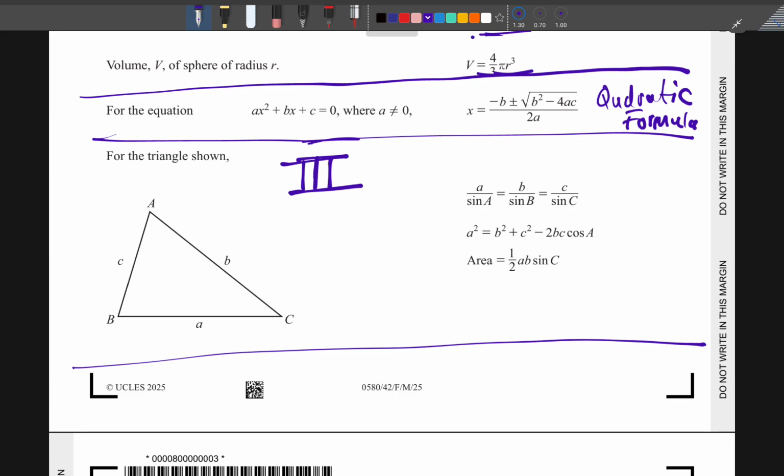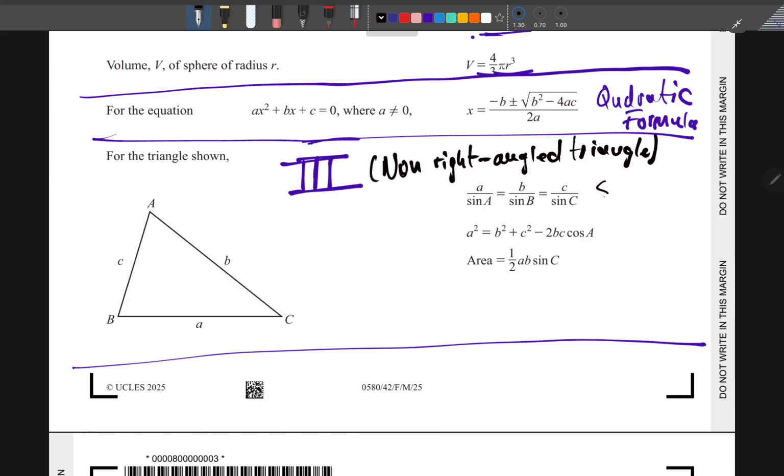Now here, section 3 of trig is non-right angled triangles. I'm going to list them in a question when we do them. But remember the sections. This is section 3 for non-right angled triangles. When you see a non-right angled triangle, what are the things you use?